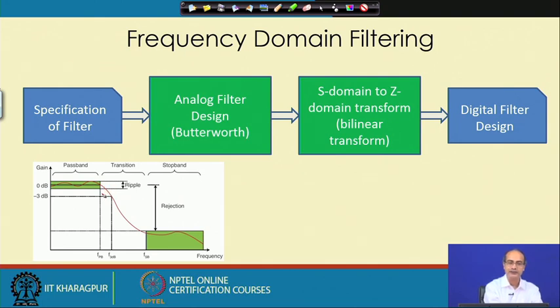That is another parameter, and if we want to give further, people may specify how sharp the transition would be. That is given by the transition band. The sharper the transition we need, the smaller the transition band should be.